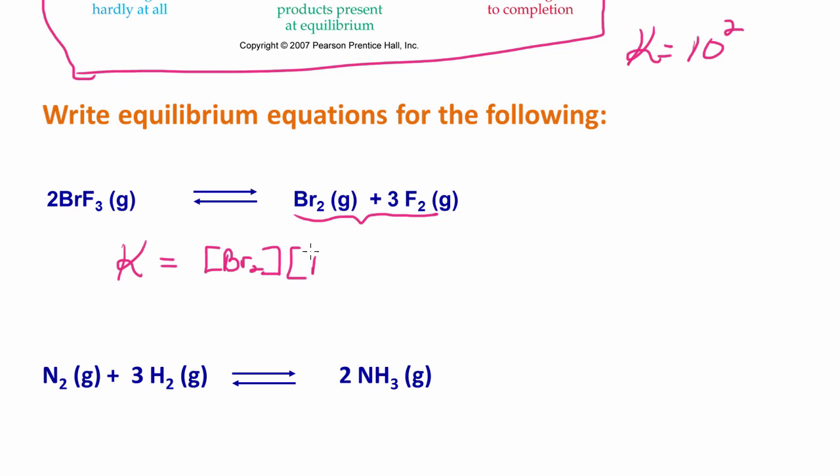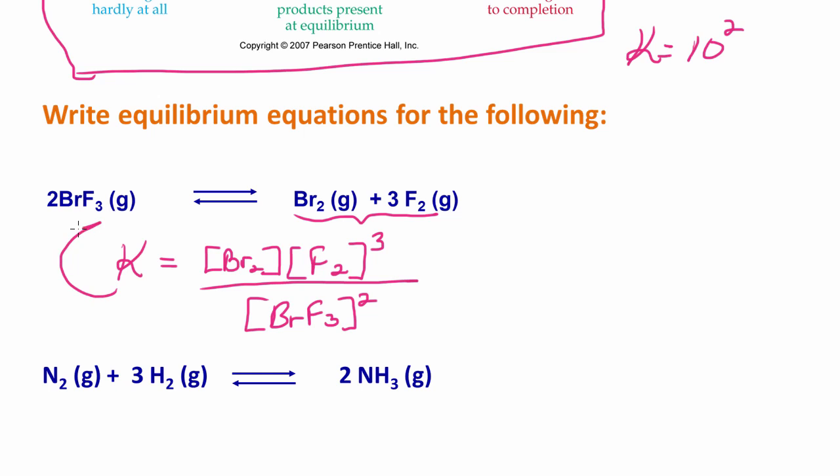Multiply that by the concentration of the fluorine, and that's to the third power. Remember, coefficients become exponents. And then we have our reactant, and again, the coefficient becomes the exponent. So this would be the equilibrium constant expression for this reaction.